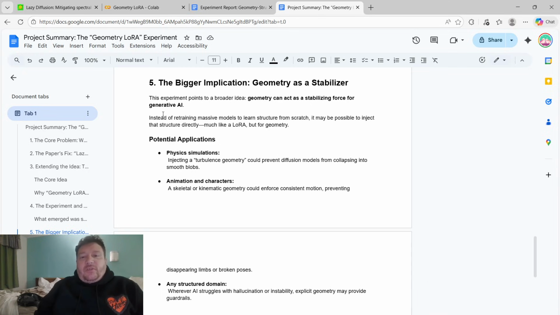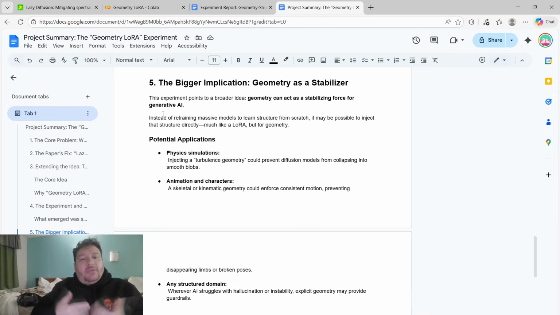This experiment points to a broader idea. Geometry can act as a stabilizing force for generative AI. Instead of retraining massive models to learn structure from scratch, it may be possible to inject that structure directly, much like a LoRA, but for geometry.